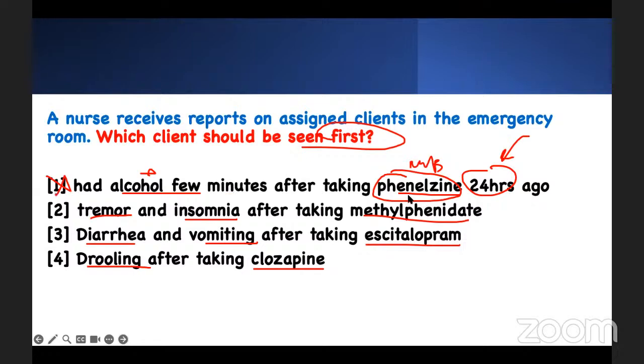I know it looks dangerous, but it's 24 hours. Why would he be sick? Methylphenidate is a stimulant. If it's a stimulant, you're going to have tremor. You're not going to sleep. Escitalopram, right? This is an SSRI. If you take it and you're vomiting and have diarrhea, you have serotonin syndrome.